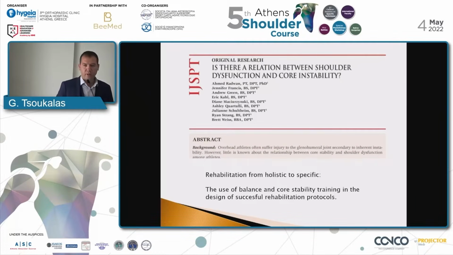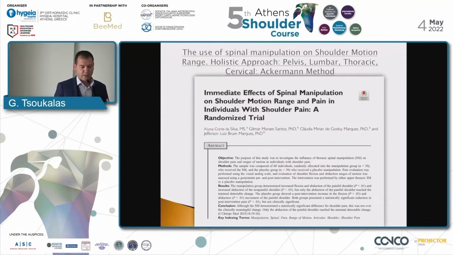And then if I want to start some therapeutic exercise, I will start with core stability, which is very important, and from the early stage, because we know there is a strong relationship between shoulder dysfunction and core stability dysfunction. And if we want to apply the manipulation according to the Ackerman method, we have to be holistic.